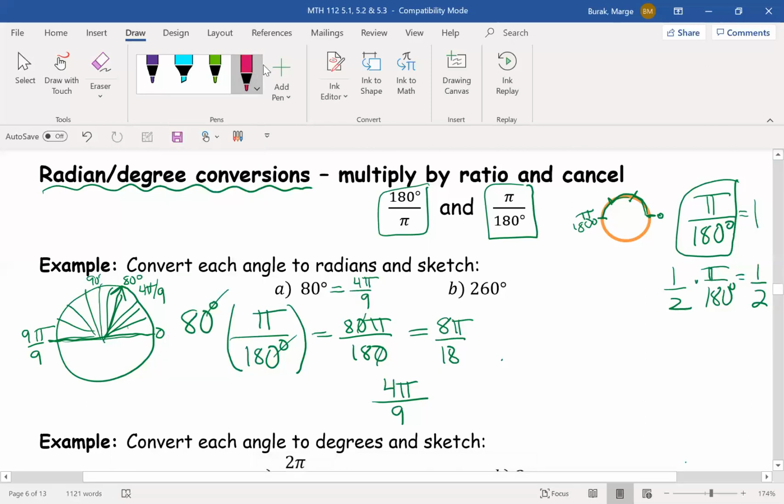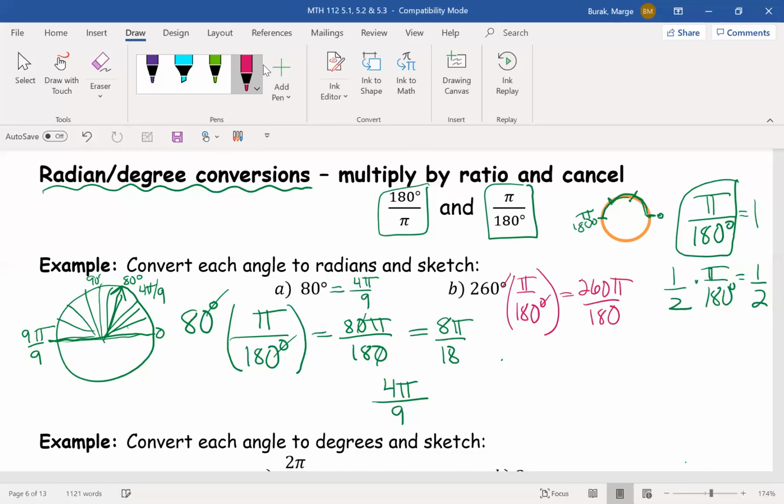So I'm going to times that by pi over 180 degrees, so the degrees cancel. And then I just need to reduce the 260 pi over 180. I do the same thing. I take the zeros out, divide by 10, so that's 26 pi over 18, and then I can divide both of those by 2 again, 13 pi over 9.